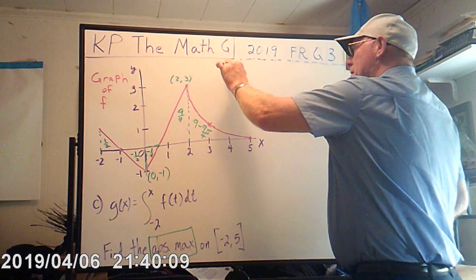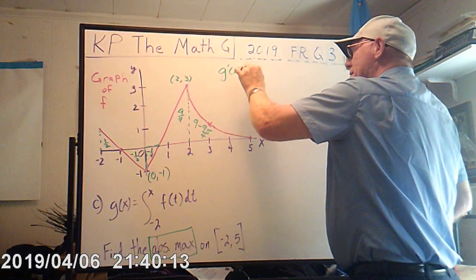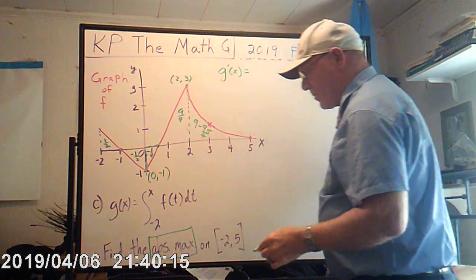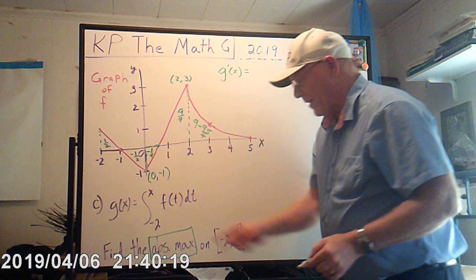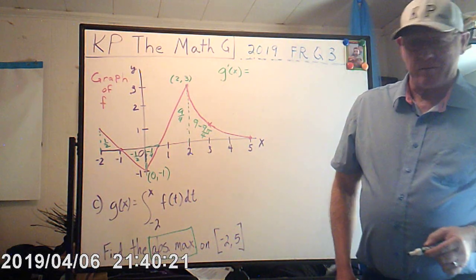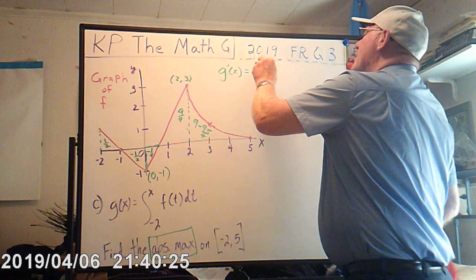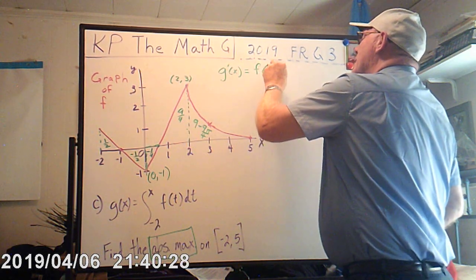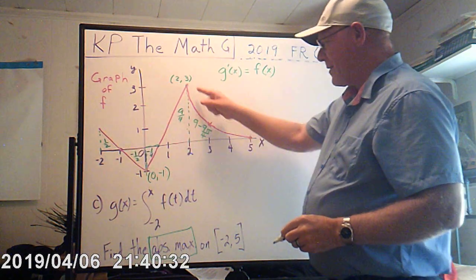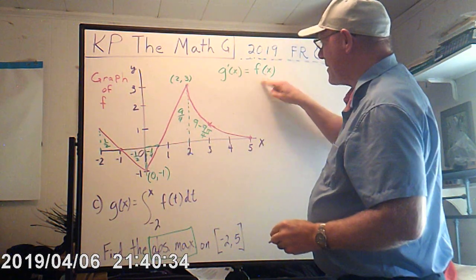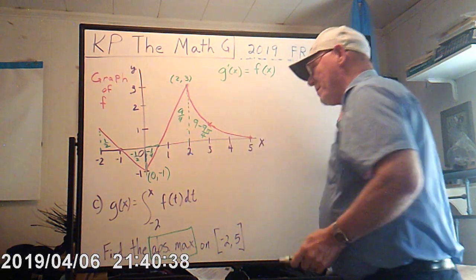So g prime at x, we've got to have that. I'm not sure that's a full point, but I think you do get a point for that. And the derivative of this side is f at x. Keep in mind that this is a graph of f right here, so what we're looking at is this f at x.